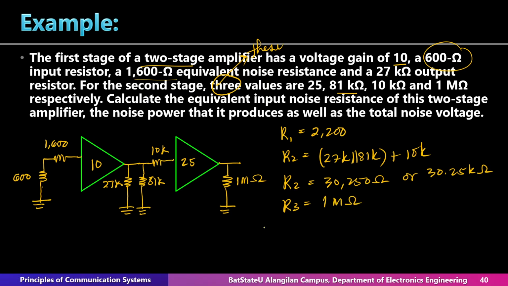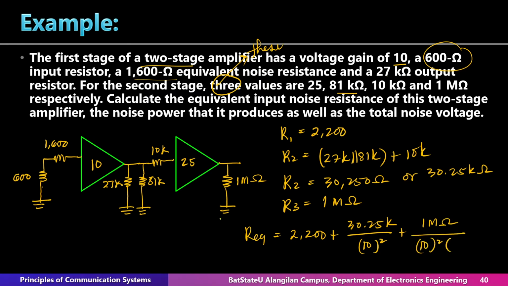Okay, so now, let's find the equivalent noise resistance. What is that? It is your R1 of 2,200 plus your R2, which is 30.25k divided by the gain of the first stage, 10 squared, plus R3, which is 1 mega ohm, divided by 10 squared times the second stage gain of 25, so 25 squared.